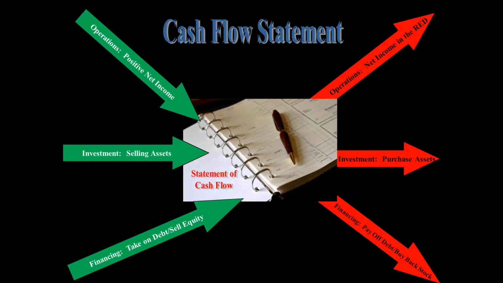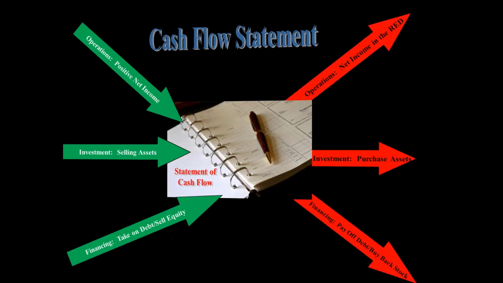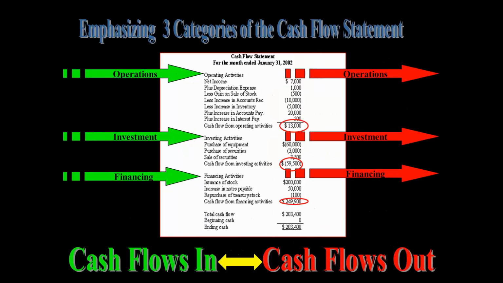And if money is leaving the organization in the cash flow statement under the financing category, it could be that the company is paying back the bank, paying back bondholders, or possibly even executing a stock buyback program and purchasing back its own stock.